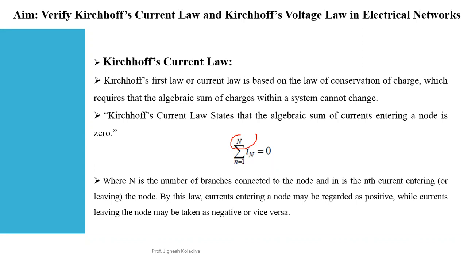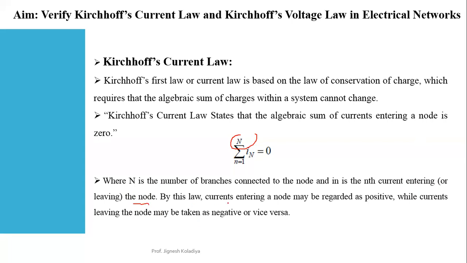Summation of n equal to 1 to N, In is equal to 0, where N is the number of branches connected to the node, and In is the nth current entering or leaving the node.